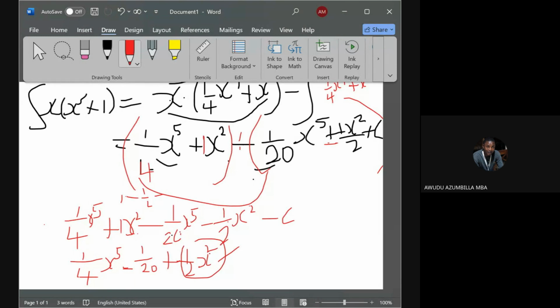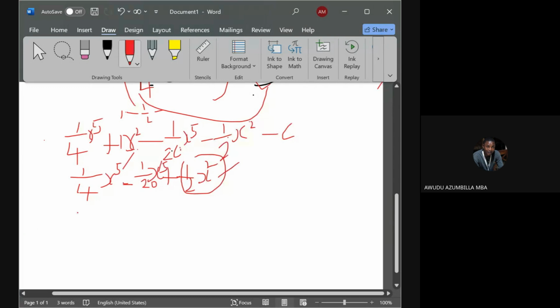You leave it and tackle this one: 1 over 20 x raised to the power 5 and 1 over 4 x raised to the power 5. They are all the same power, so you can work with these differently from x raised to the power 2. So you have 1 over 4, and you can work with this one separately.